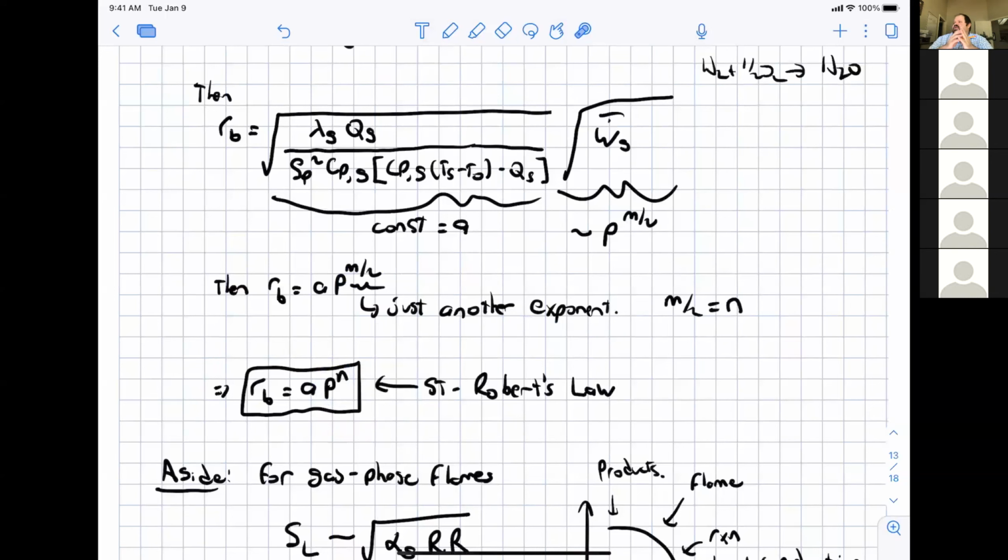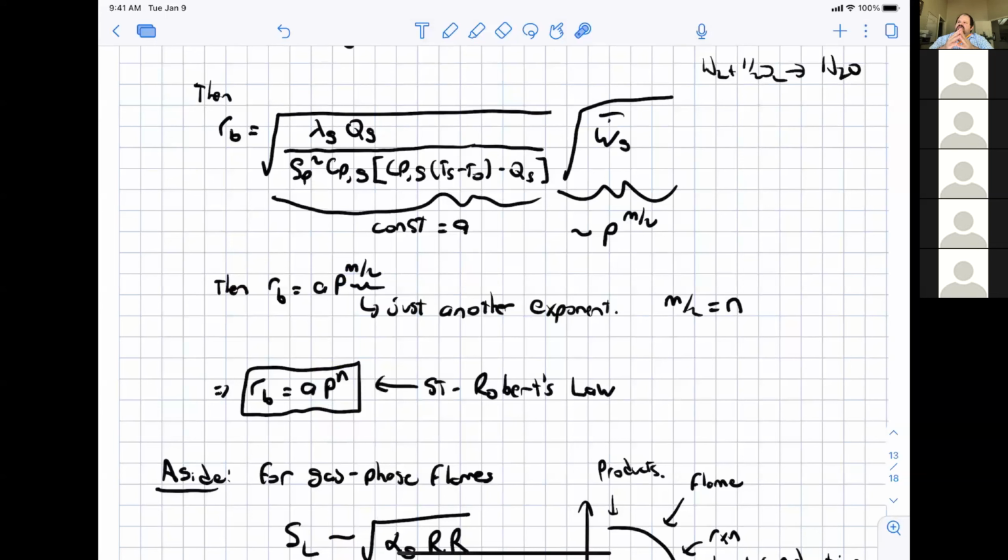Okay, so what this analysis shows us is that, yes, if you get the fundamental physics right, you need to match the gas phase flame structure to compute the gas phase conduction heat flux into the propellant, and that needs to be balanced with the overall energy change of the condensed phase propellant by raising it from the initial temperature to whatever the surface temperature of the propellant is.